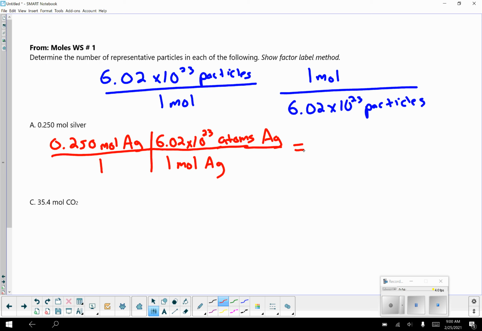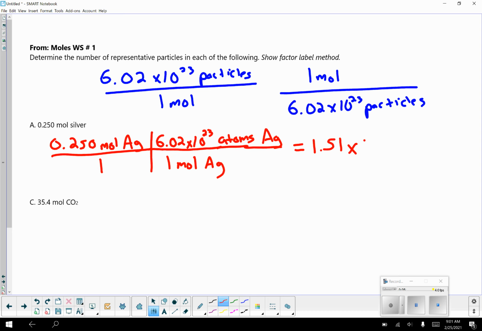So this is just a simple multiplication problem. 0.250 times 6.02 times 10 to the 23rd. Remember to use the E button on your calculator. It would be 6.02E23. That will make your life easier. What you end up with is 1.255 times 10 to the 23rd, and you do go to 3 sig figs because you start with 3 sig figs.